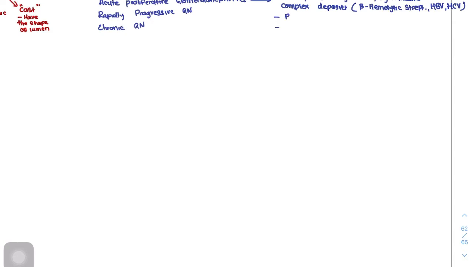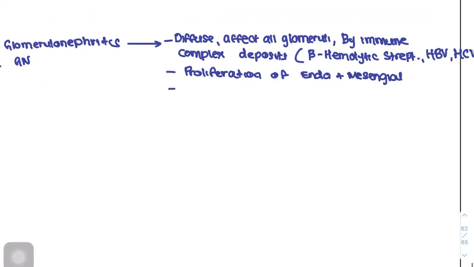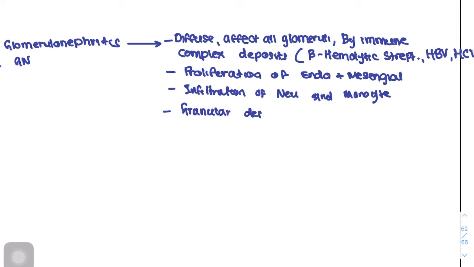So, let me just write it. So we have neutrophil and monocyte infiltration. And we get granular deposits of IgG plus complement.